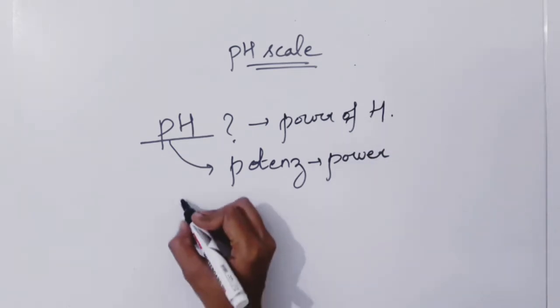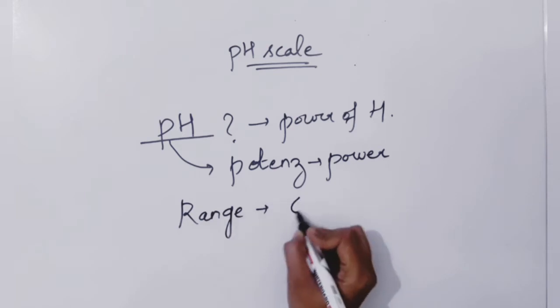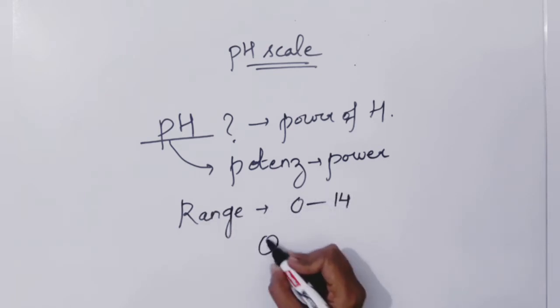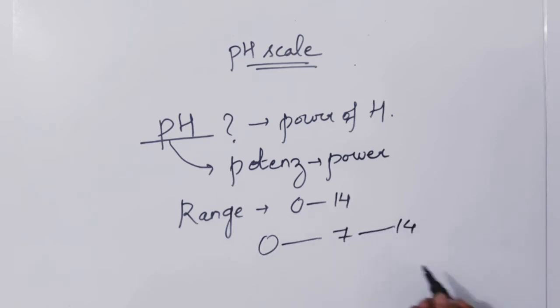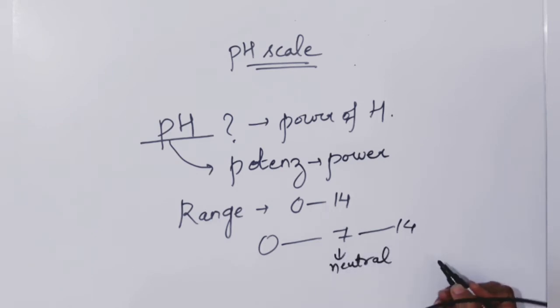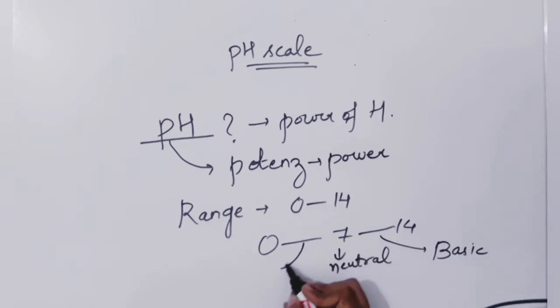Now talking about the range of the pH scale, the range of pH lies from 0 to 14. Now 0 to 7 and 7 to 14. So pH 7 is neutral, 7 to 14 is basic, and 0 to 7 is acidic.